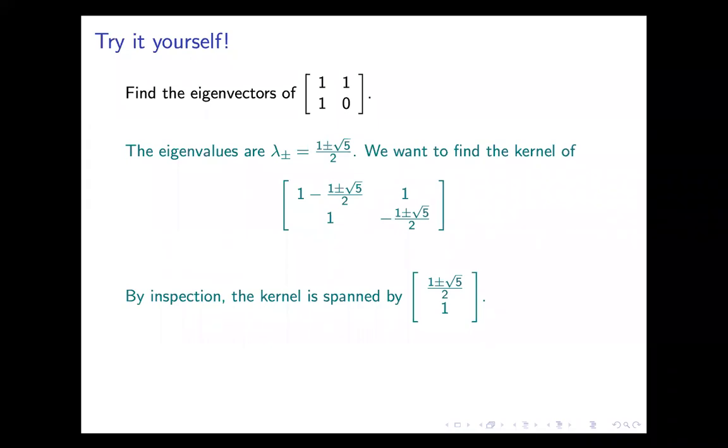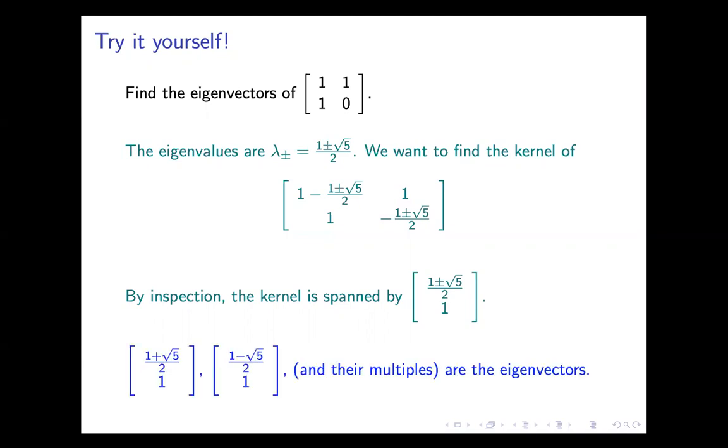You can check that if you take the vector with lambda plus-minus and 1, it will do the job. Both roots of this polynomial work just fine. So the vectors (lambda plus, 1) and (lambda minus, 1), as well as their scalar multiples, are the eigenvectors.